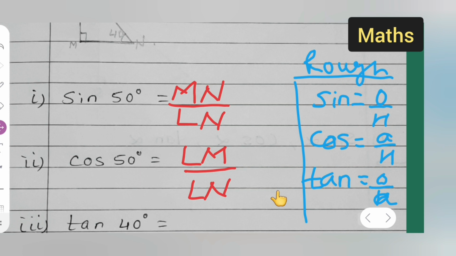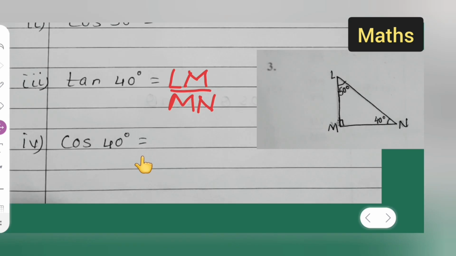For cos, what is the formula? Adjacent upon hypotenuse. So which is the cos of 40? Adjacent will be Mn, okay, upon hypotenuse will be Ln, okay. So write it down. So it is Mn upon Ln, okay.